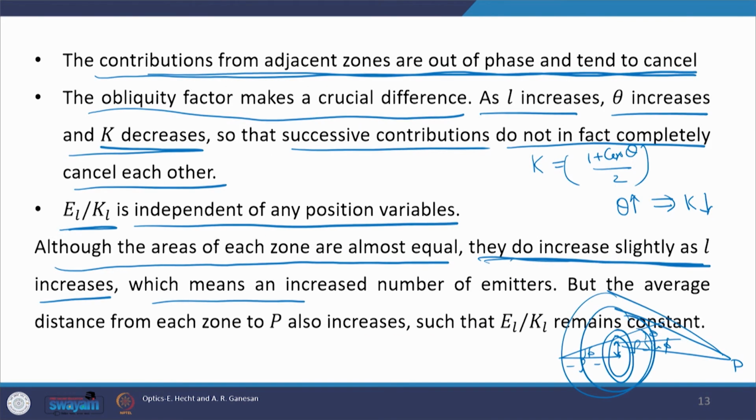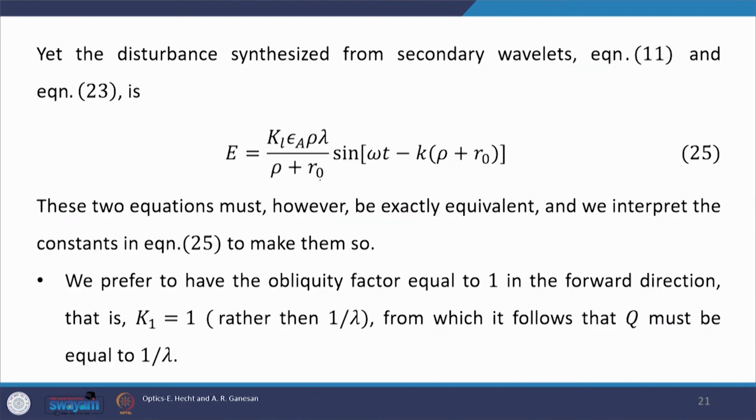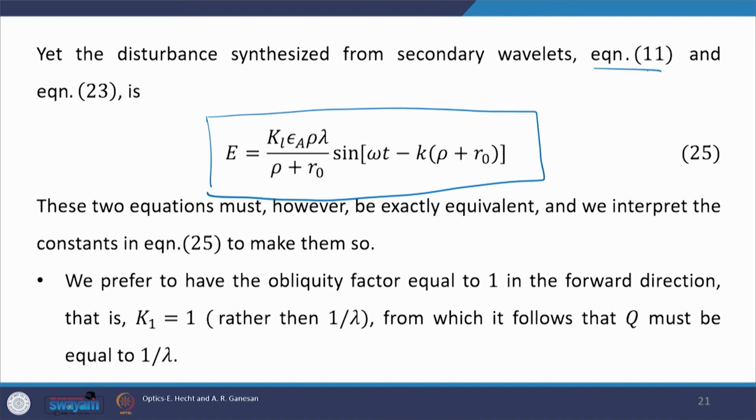Let us do this, and after doing this we get this expression. The disturbance synthesized from secondary wavelets, from equation 11 and equation 23, is this, equation number 25. Equation 23 is the expression of EL, and equation 11 is almost equal to mod of E1 by 2, and with these two equations we can get equation number 25 very easily.